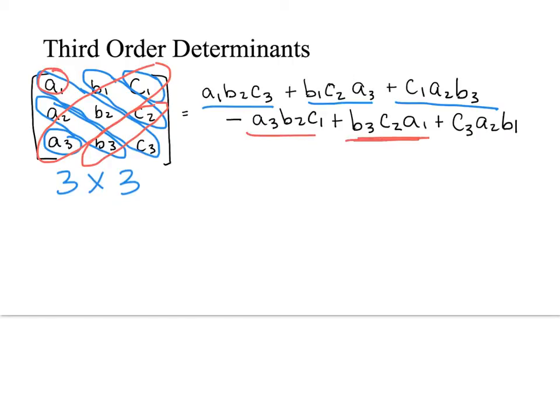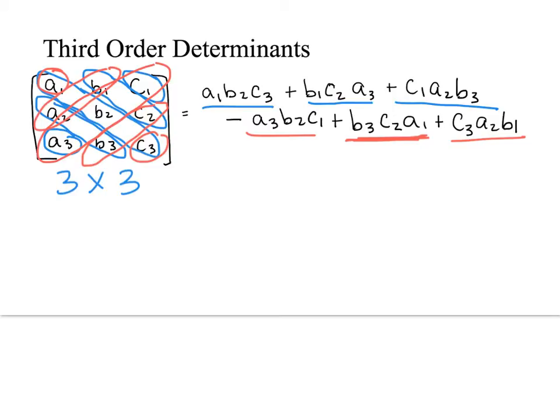So that's right here. And then our last diagonal is this C3, A2, B1. So we find the products of all of our blue diagonals, the ones that I've circled, and then we're going to subtract from that the sum of the products that are going the opposite direction. So we're still working on the same pattern that we did before, but now it's expanded out because we do have this 3 by 3 matrix.